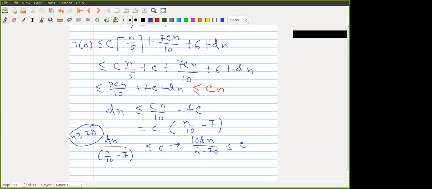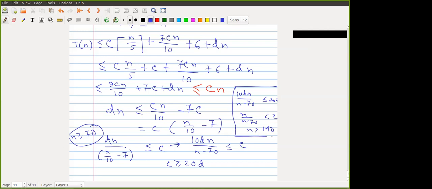So, 10Dn. Maybe if we take C greater than or equal to 20D or something of this form, then what would be the value here? It will be something like 10Dn by n minus 70 is less than or equal to 20D. So n minus n by 70 is less than 2, so I think n has to be greater than or equal to 140 or something.